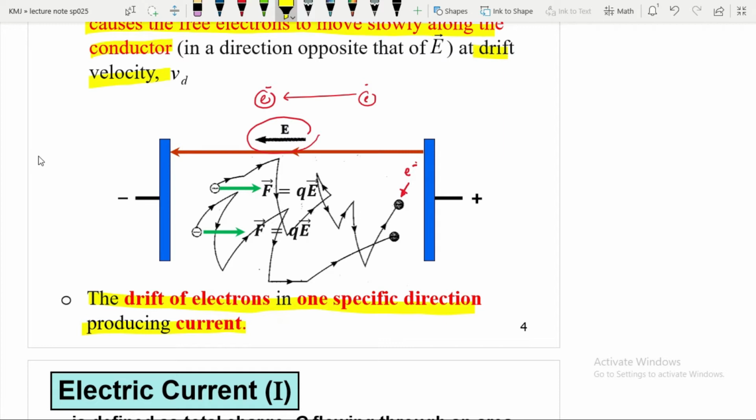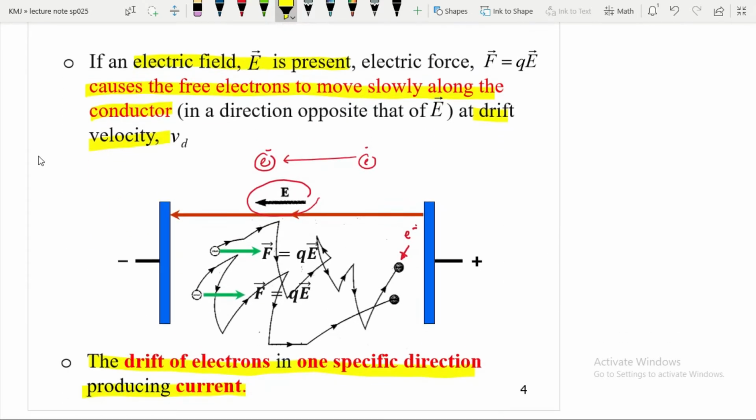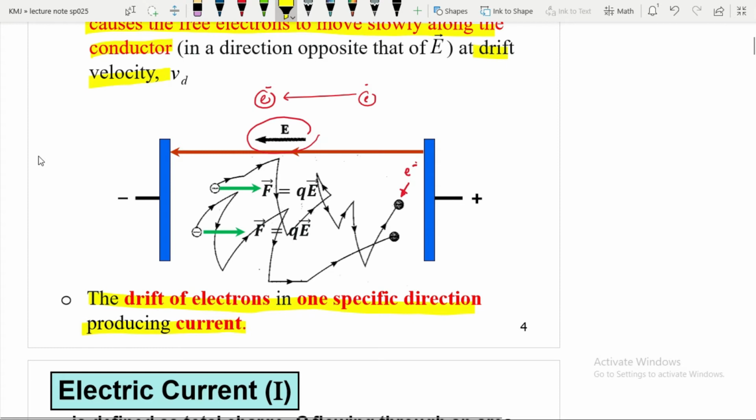Okay, so you understand this is what we call the microscopic model of current. The electrons move in one specific direction due to the electric field present in the circuit. Alright, so clear about the microscopic model of current.